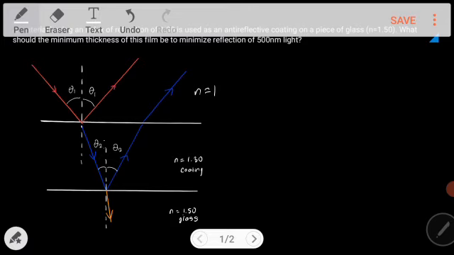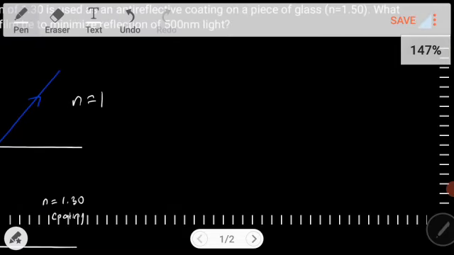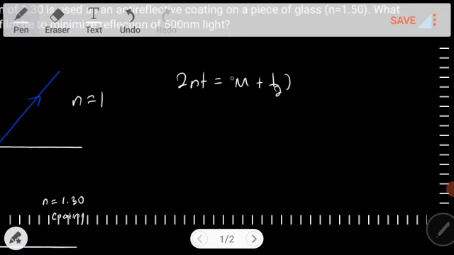So let's find the answer for this question. Since this is constructive interference of light, the condition for the formula should be like this: 2nt = (m + 1/2)λ.